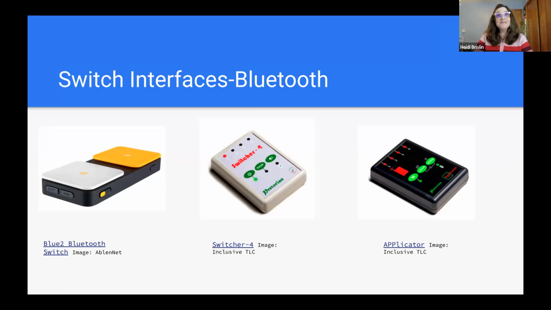It's already hard enough for kids to access things, and if we give them a switch interface that makes things even harder, that's just not fair. I like to not have the technology be the obstacle to them being able to access it, or have it take 15 minutes to get set up.